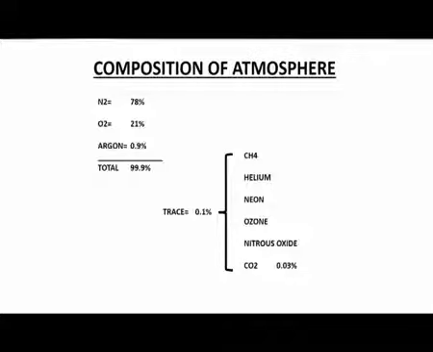The atmosphere mostly comprises nitrogen, approximately 78% of the total atmospheric content. Then comes oxygen, approximately 21%, and then argon, another gaseous element, approximately 0.9%. Combined, this comes to about 99.9%.